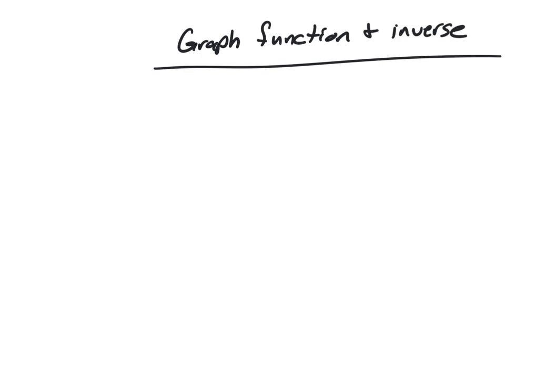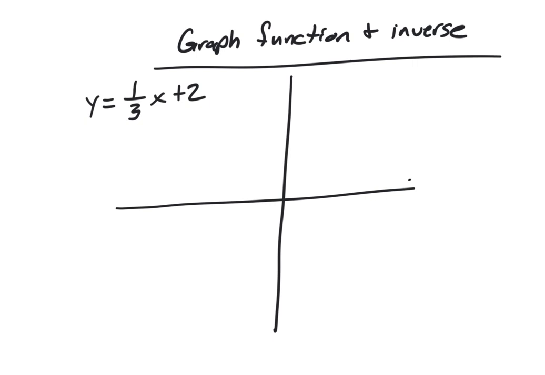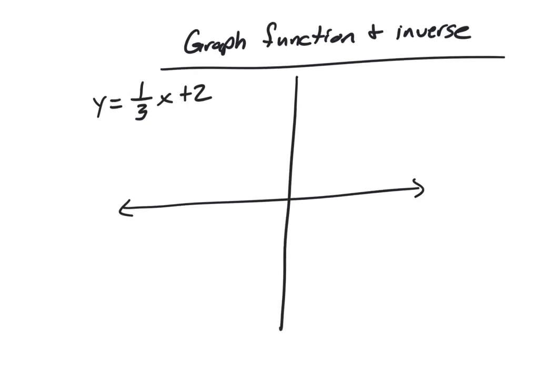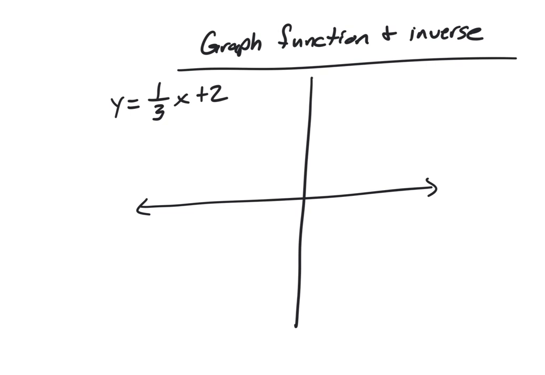Okay, so if I gave you this equation, y equals 1/3 x plus 2, you could generate some points. I know typically when we graph this one, we don't necessarily generate points.